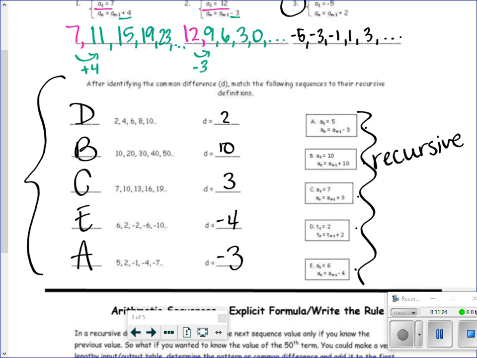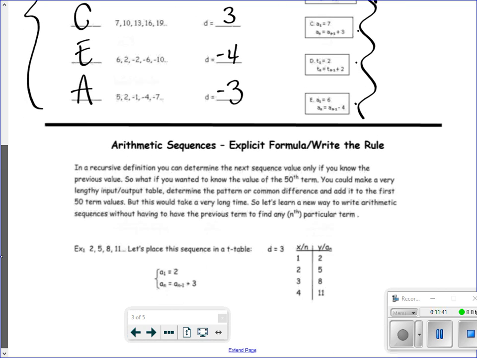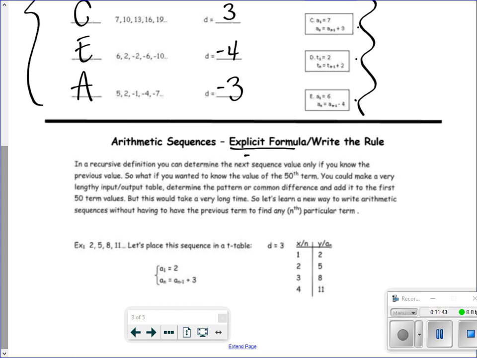Now, if you have a problem that says, here's the sequence, find the 100th term, with the recursive rule I don't want to make a table all the way to 100. So there's a second way to write a sequence, and that's called the explicit formula. The purpose of this one is to actually use it to solve equations.